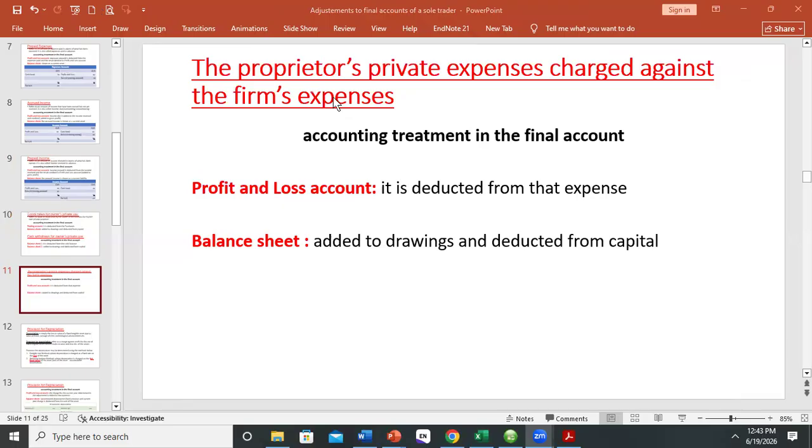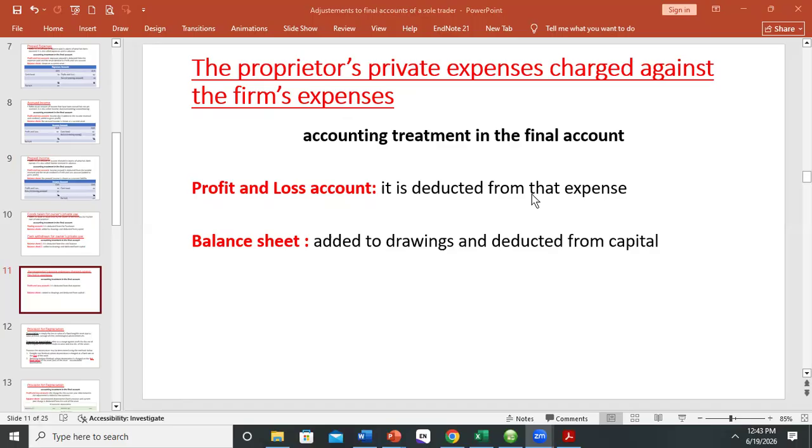Now the third drawings is when the owner adds his or her private expenses to that of the firm. Let's say the owner has his own building he's renting, and then the rent he pays, he comes to add it to that of the business. That is wrong. So in treating it, expenses are in the profit and loss account, so you go there and subtract from that expense. If it is rent, you subtract from rent. If it is insurance, you subtract from insurance.